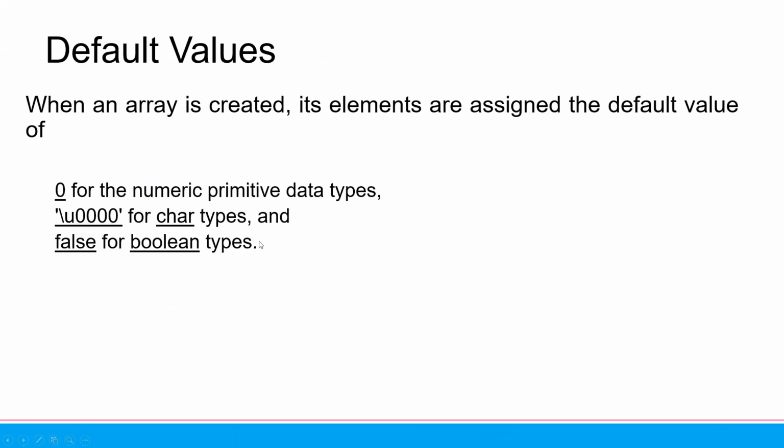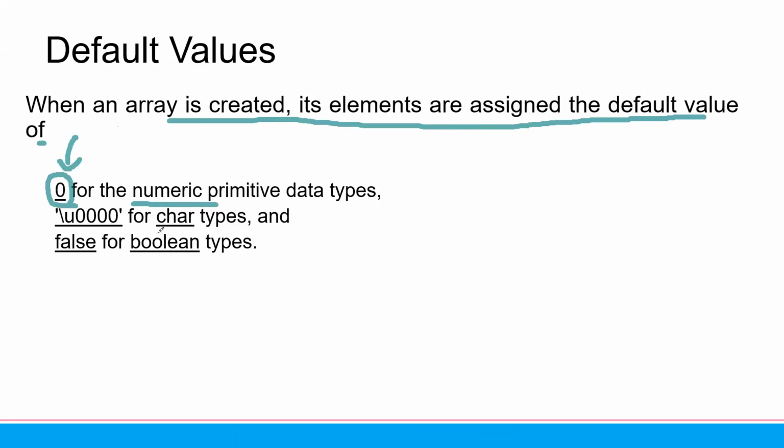So when an array is created, its elements are assigned the default value. If it is numeric, means integer, double, it will start with 0.